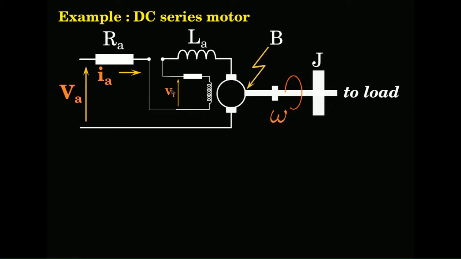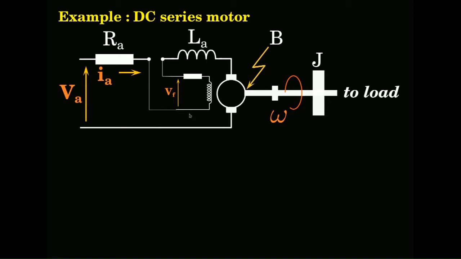So, here what is the change that I have done? I have placed the field in series. So, whatever IA flows through the armature will flow through the field winding also. So, armature current and the field current are the same. Very popular in high torque machines. Many of the electric trains before used to have this series motor because the torque was very, very high at low speeds, even close to 0 speeds.